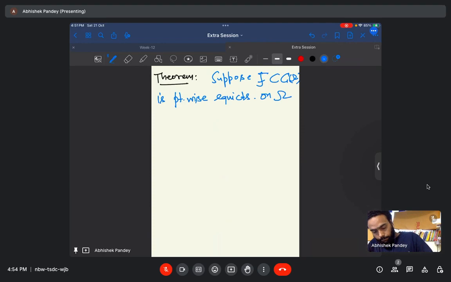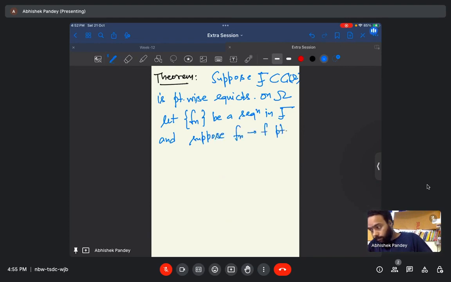Let f_n be a sequence in F, and suppose f_n converges to f pointwise in Ω, then f_n converges to f normally in Ω.